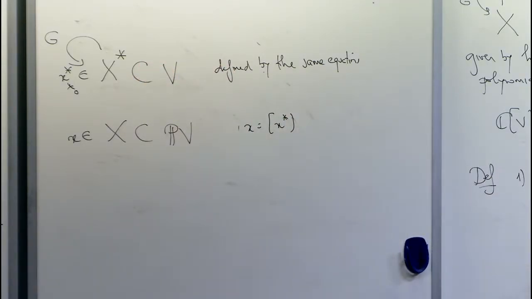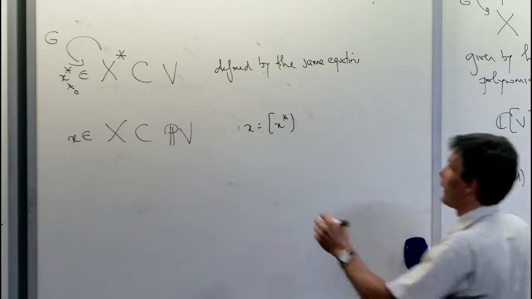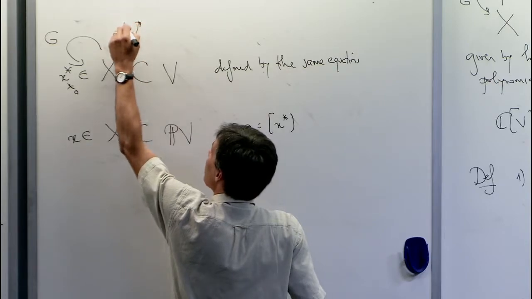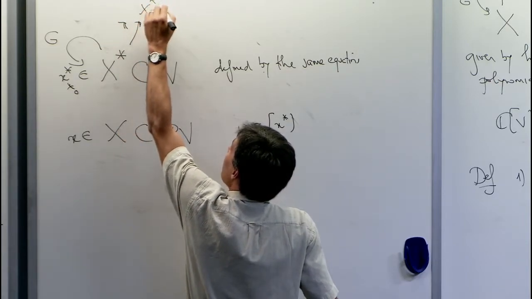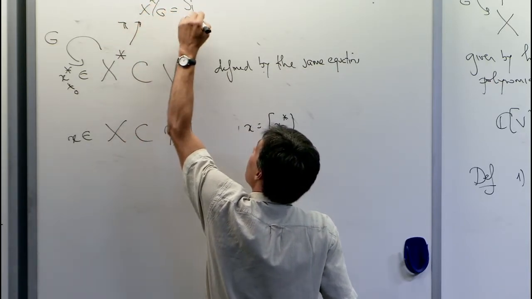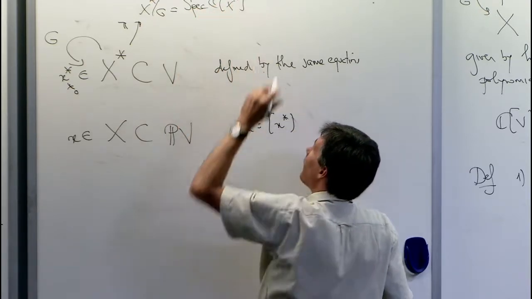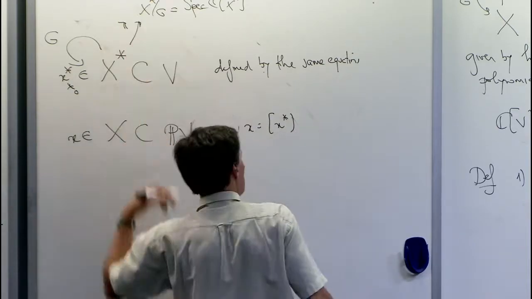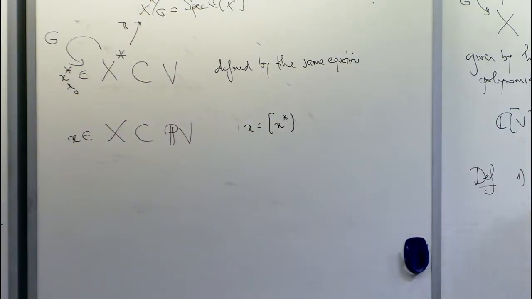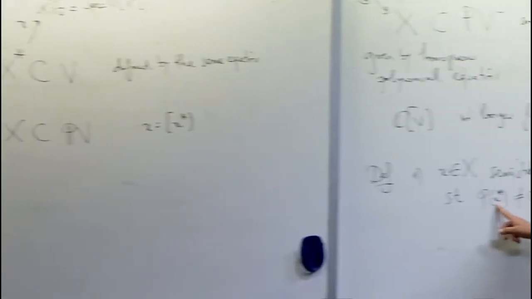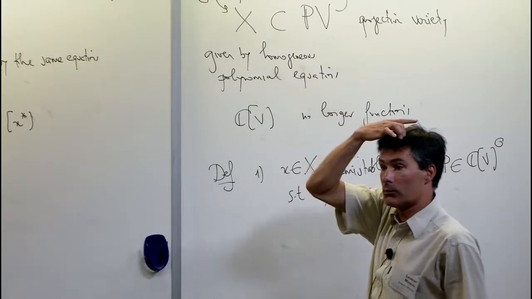And so what does this condition mean? It does exactly mean that, remember I have my factorization, so I have 0 going to 0. And saying that precisely means that x star is not mapped to 0.